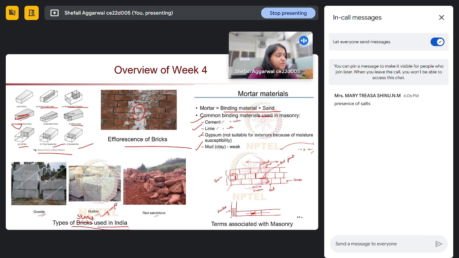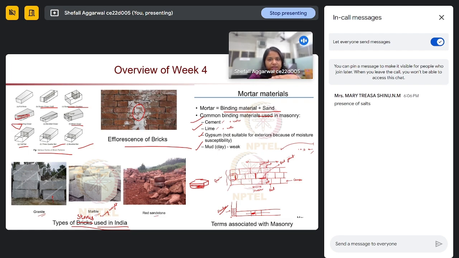What are the different terms associated with masonry? If you might have seen any wall work in your locality or any construction site, these are some terms which we usually use. First is the header. If this is a normal brick, this part is called the header. This is our vertical joint, then this is the bed joint.